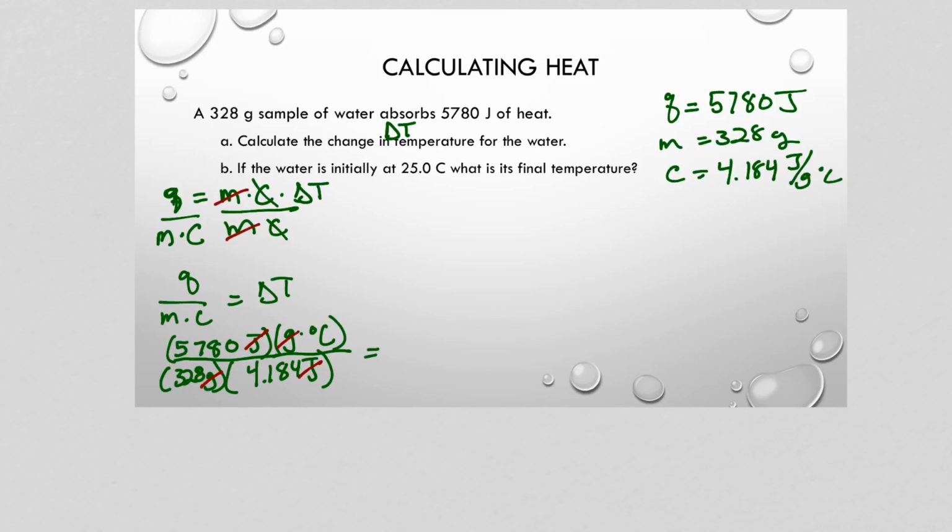And so if we calculate this, we get 4.21 degrees Celsius equals my delta T.